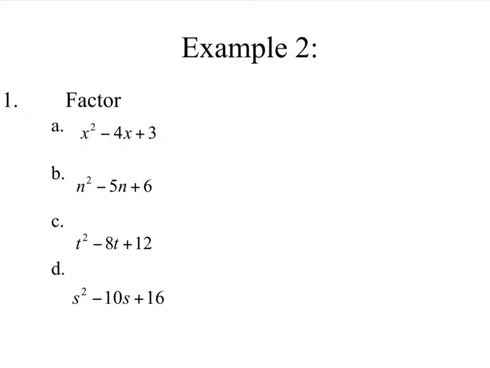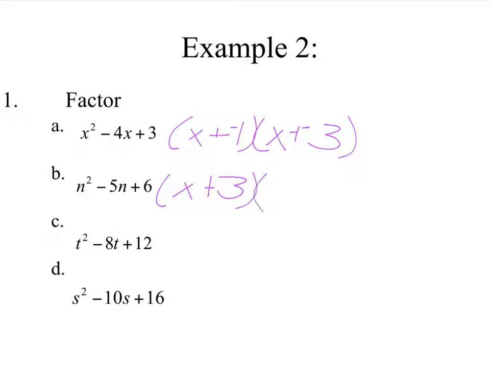So now that you've had a chance to try them, for the first one, I have x plus negative 1, and I have x plus negative 3. For B, I have x plus negative 3 and x plus negative 2.